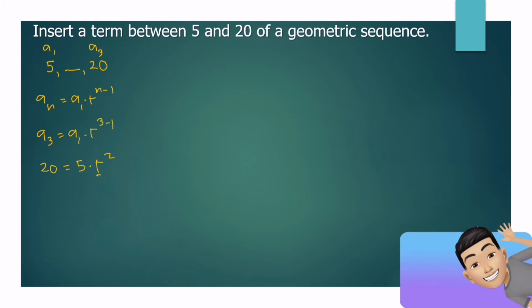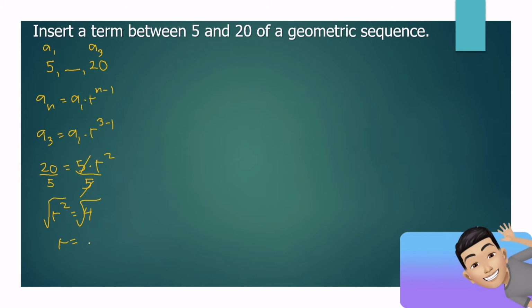Divide both sides by 5. So we have now r squared equals, what is 20 divided by 5? 4. R squared equals 4. Okay, correct. No? Kunin natin square root ng both sides.